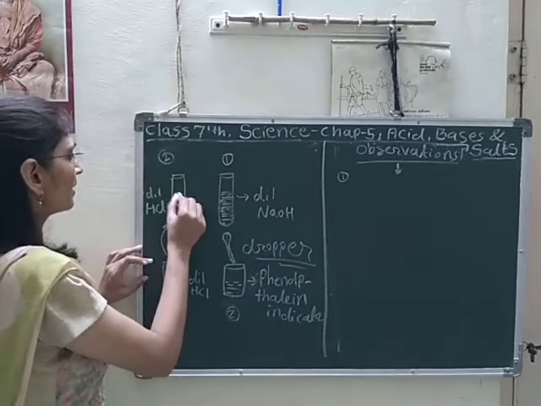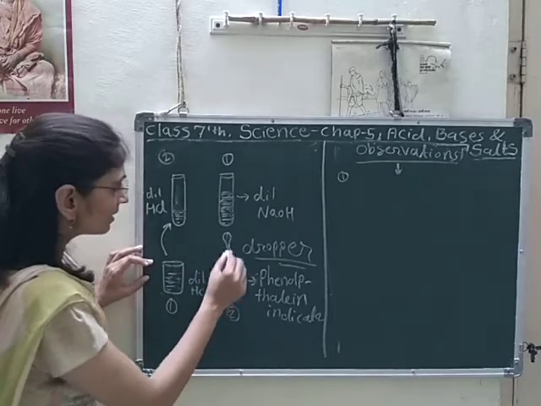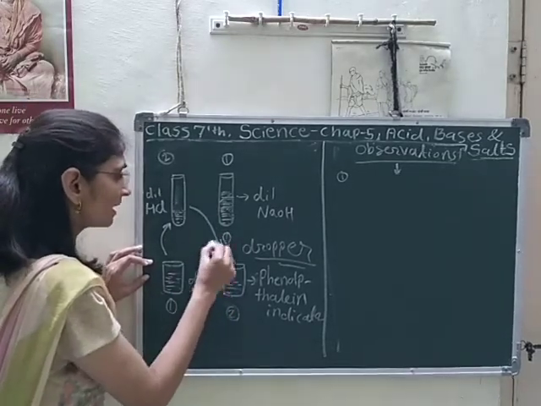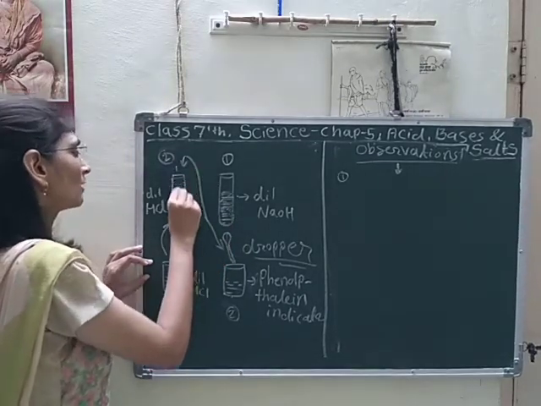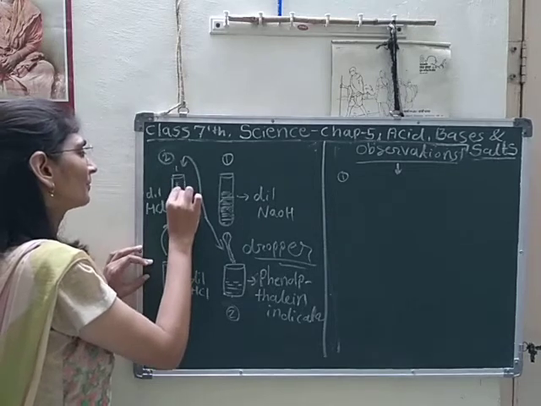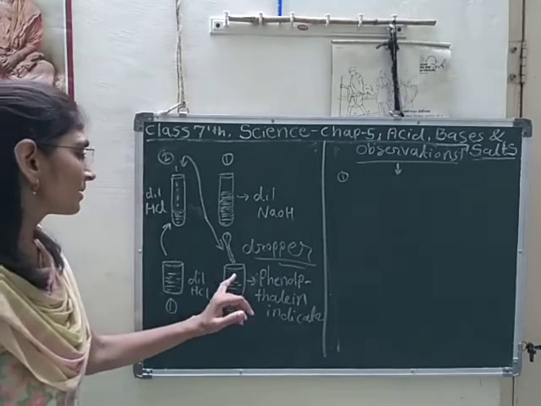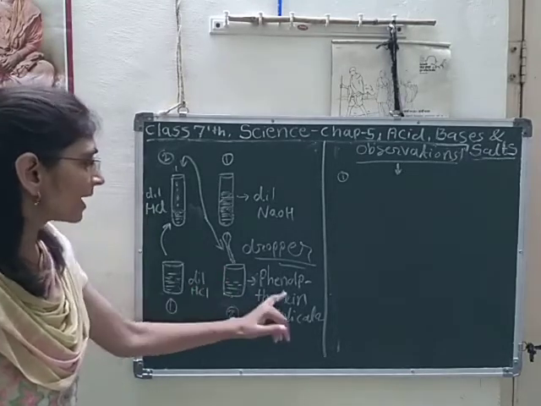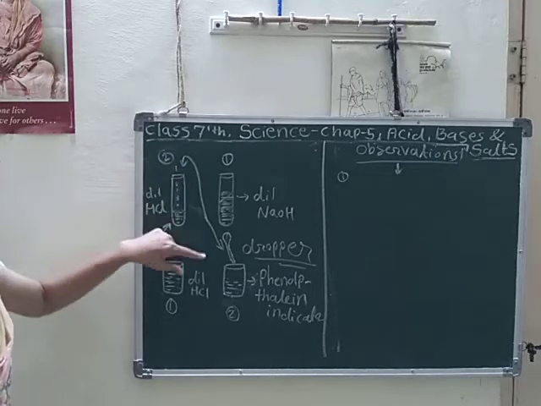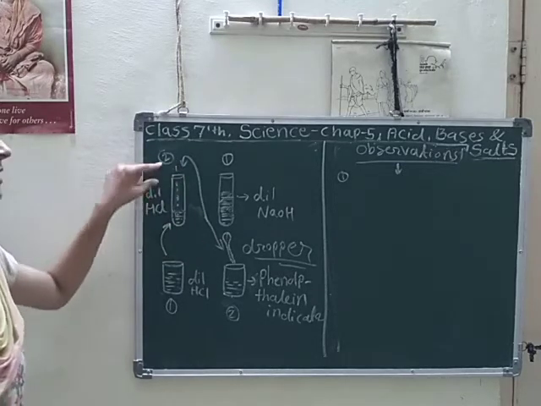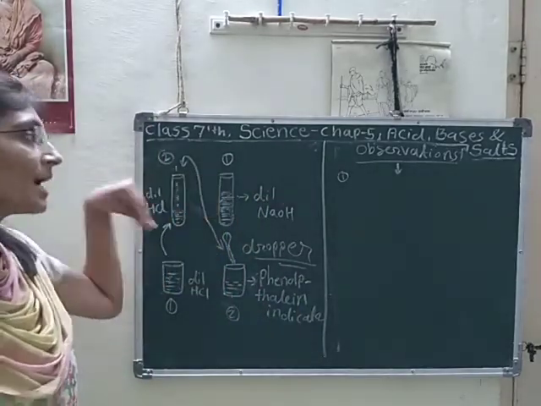At first I will take this test tube and add the phenolphthalein indicator drop by drop. So in the first step I have added phenolphthalein indicator drop by drop to the test tube, and shake it well.